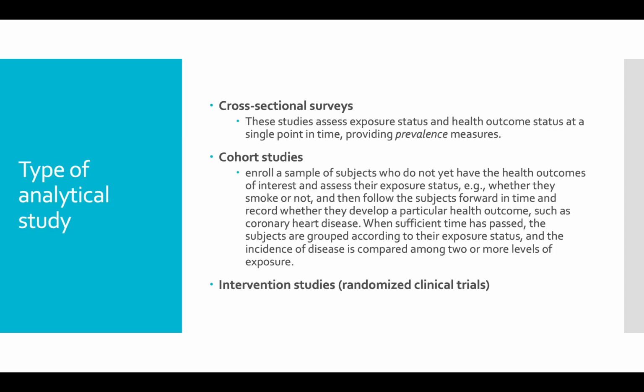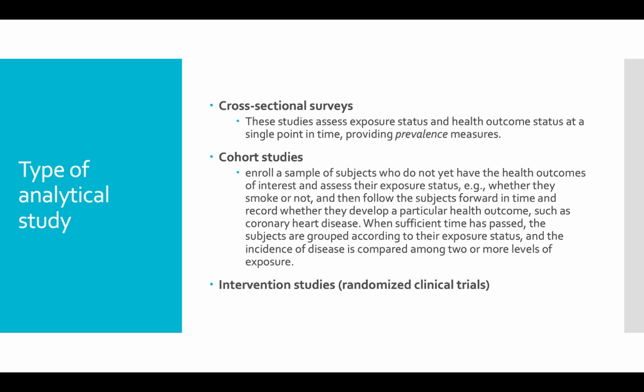As we know, there are several study types that include the analytical studies: the cross-sectional survey, the cohort study, the intervention study, which is the randomized controlled trial, and also the case control study.